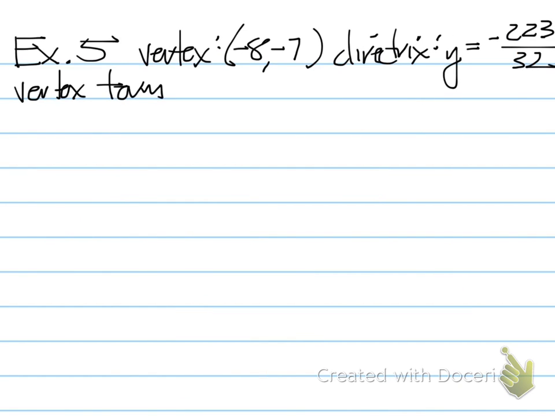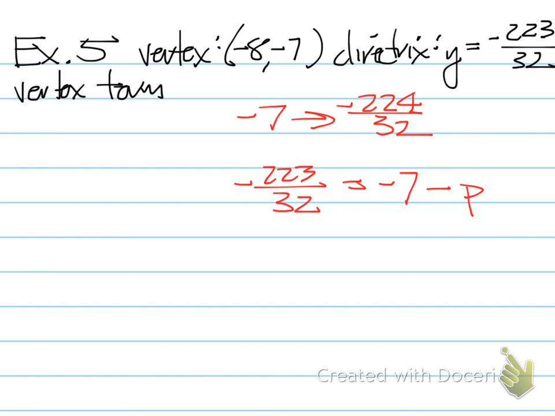Now we're given the vertex and the directrix. We're going to use the directrix in order to determine what P is. So -7 is the same thing as -224 over 32.